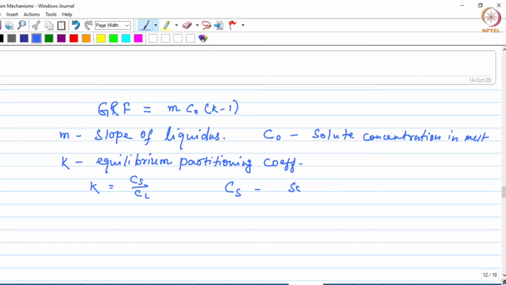So this is basically the solid composition. Similarly, Cl is the concentration of the solute in the liquid, or liquid composition, at the interface.